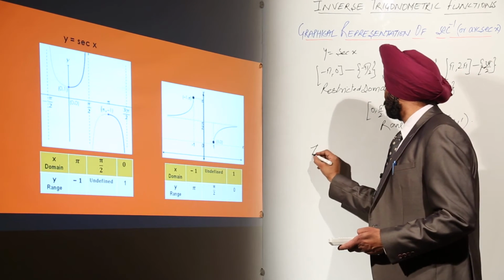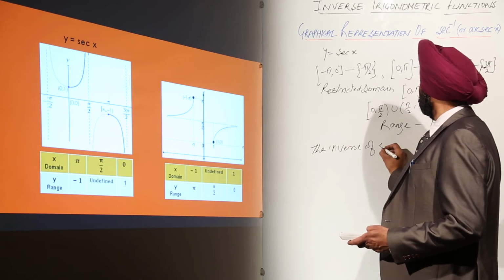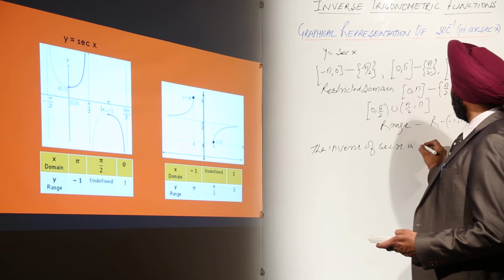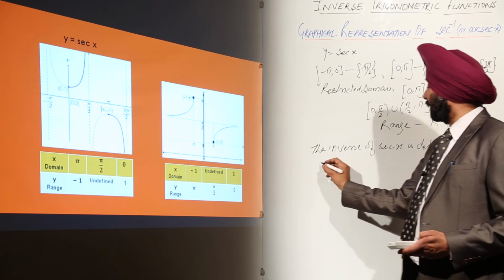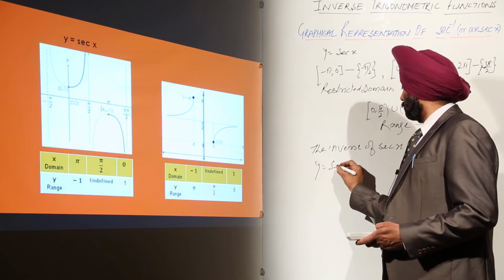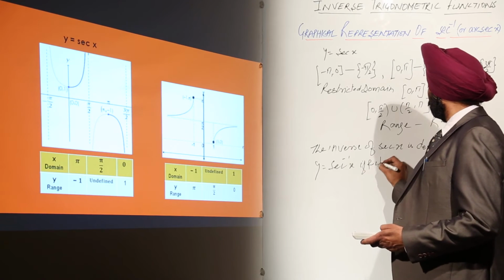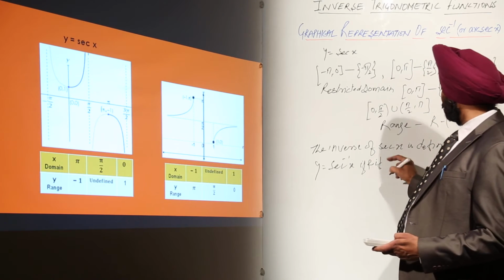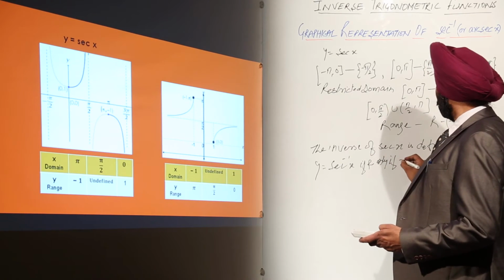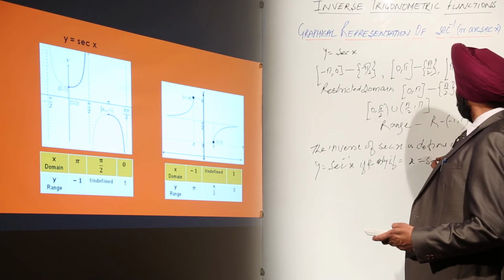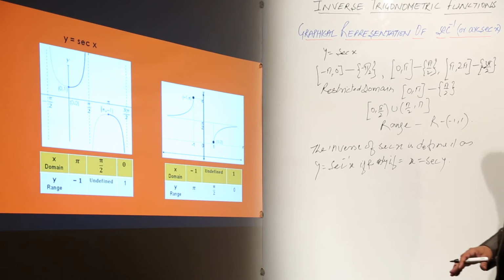Now the inverse of secant x is defined as y is equal to secant inverse x if and only if x is equal to secant y.